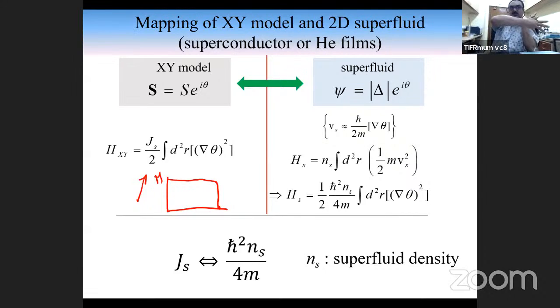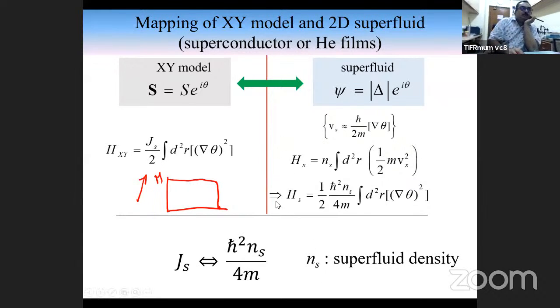So Kosterlitz-Thouless happens in a two-dimensional system. I am considering now a superconducting film, and this is why I am taking the area integral. Now remember that this ns, the way it is defined here, is the superfluid density per unit area, not per unit volume.